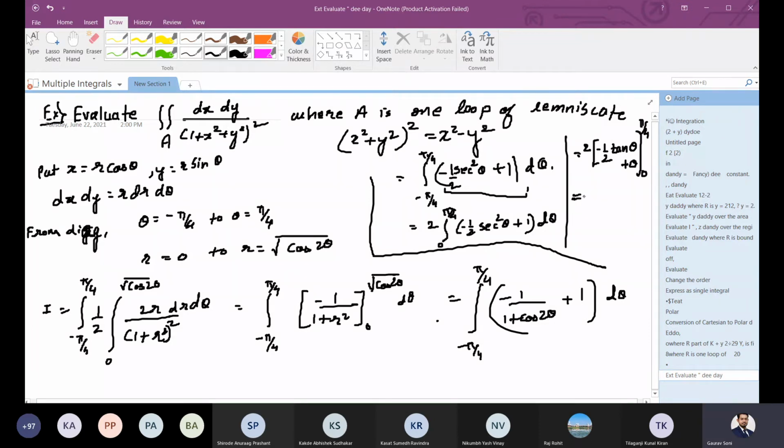If we solve this and put the upper limit, tan pi by 4 is 1, plus pi by 4. So the total answer is pi by 4 minus 1 by 2.